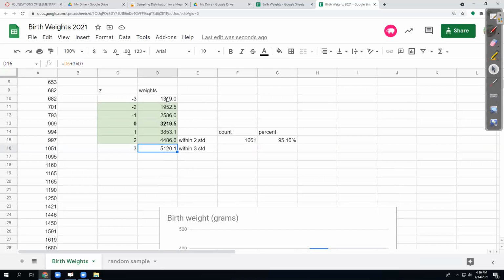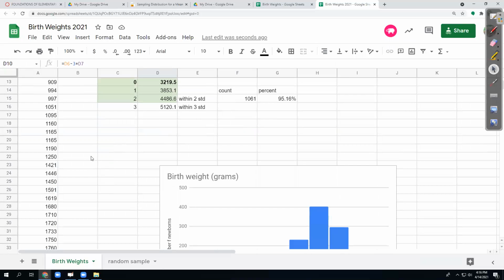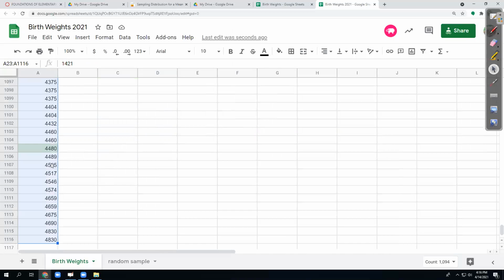So basically everything above 1319. Yeah, we have a big jump from 1250 to 1421. So from 1421, I just Control Shift down arrow to take me to the end of the list. And yes, here's my max, which is definitely less than 5,000.